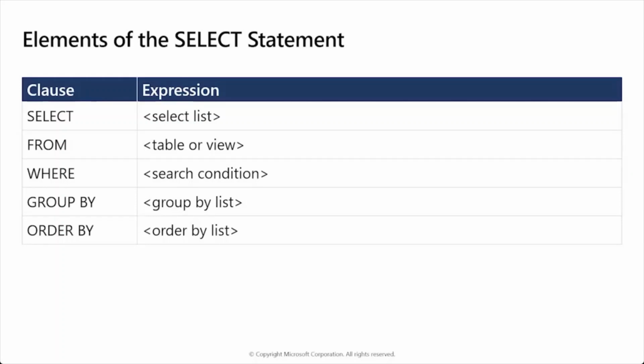Then you can also optionally add a where clause, which is a conditional statement that specifies which data to include and which data to exclude, depending on the evaluation of the condition. If you're using some of the aggregation or summarization functions in the select statement, you can often use the group by statement to group the aggregation or summary that you're trying to do in the query. And the order by statement, which is again another optional statement that you can add, can be used to rank the results of the data that you're retrieving.